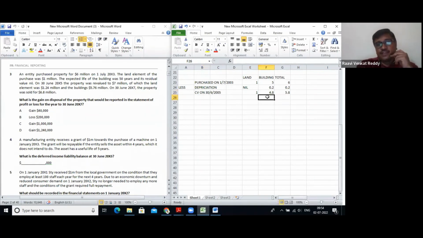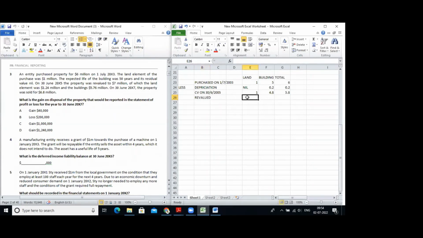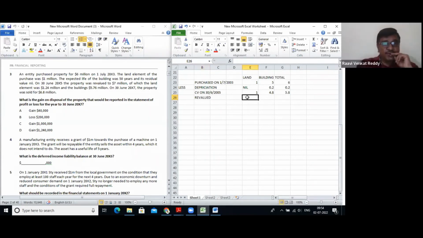Now I will be comparing it with the revalued amount. When we revalued it, the land value is 1.24, the building value is 5.76, and the total value is 7. Now, do we get a revaluation gain or revaluation loss?